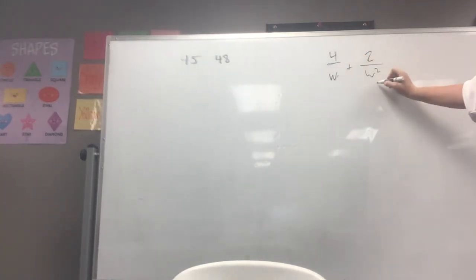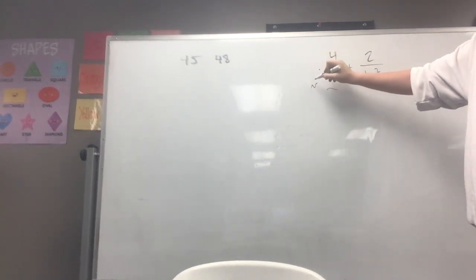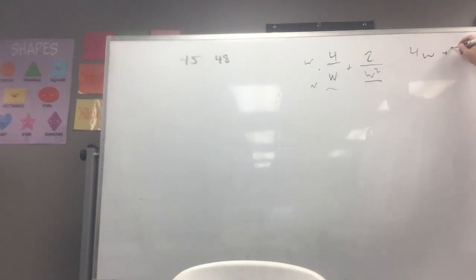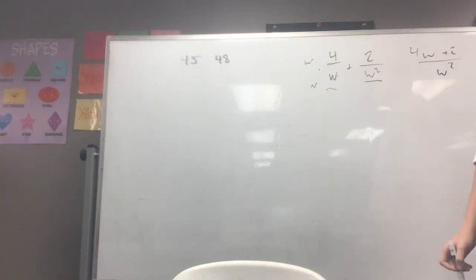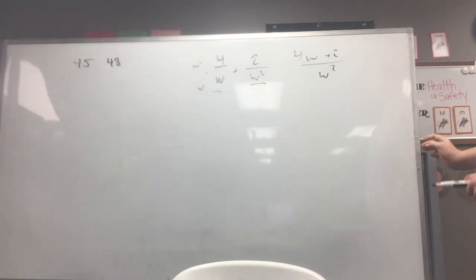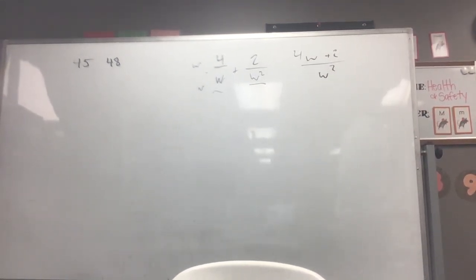So you've got to get the same denominator, so you either have to multiply by w on top and on bottom, so it'd be 4w plus 2 over the same denominator, 4w squared. Oh wait, yeah, that's about it. Do you understand that? If not, I can simplify it more.